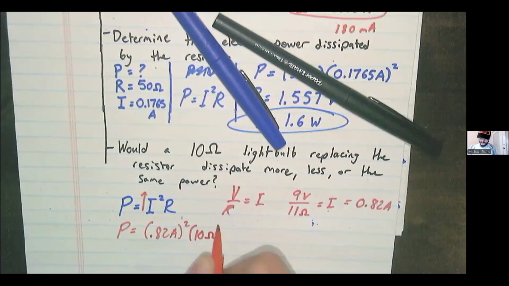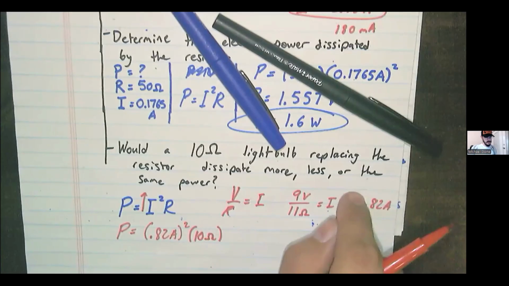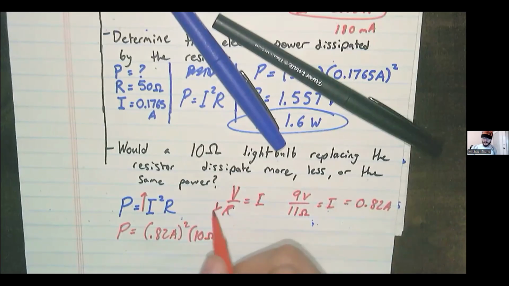So 0.82 amperes times 10 ohms. Well, the question is, this went down to 1/5, which means that we got 5 times the current. Yeah, it's 1/5, 5 times. Okay, so 0.18 times 5.